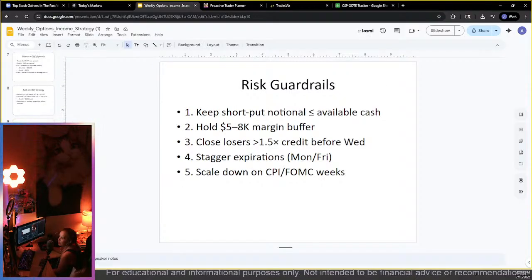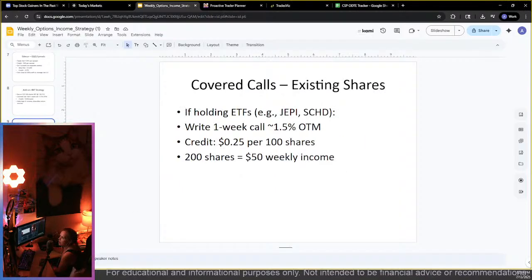What are the weekly? So then I'd have to kind of switch to weekly covered calls then. So what am I supposed to get out of that? So the covered calls. So what is it weekly for Walmart?